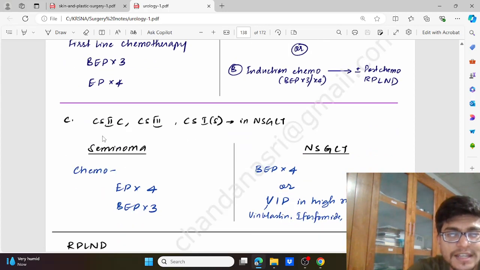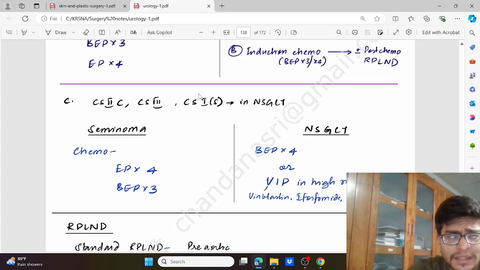In clinical stage 2C and clinical stage 3, in seminoma we go for chemo, and in non-seminoma we go for chemo, that is BEP, or VIP in high risk patients, that is vinblastine, ifosfamide, and cisplatin.